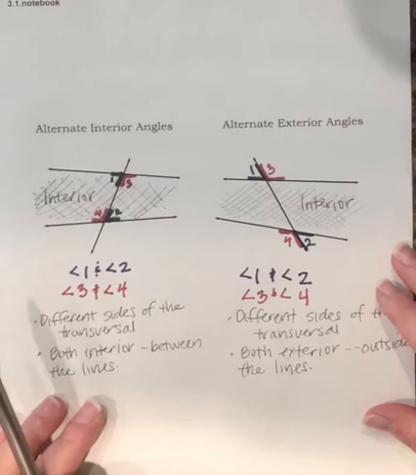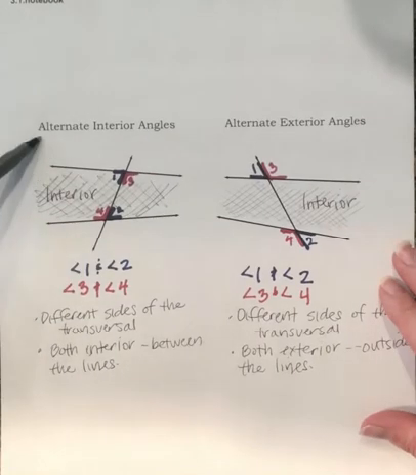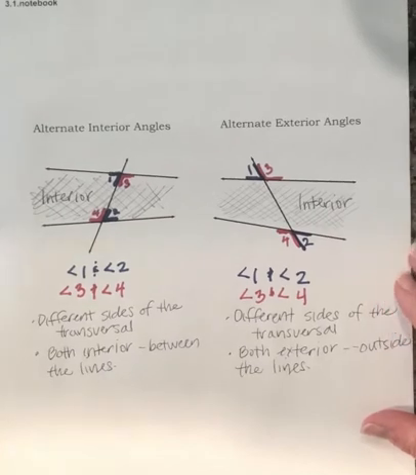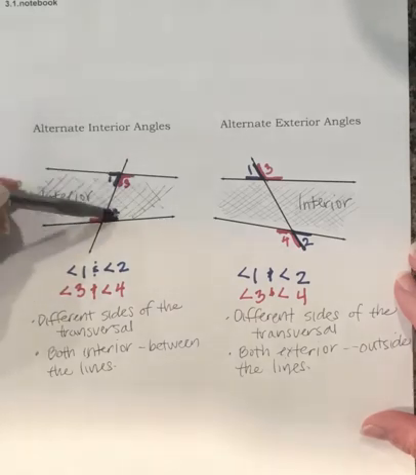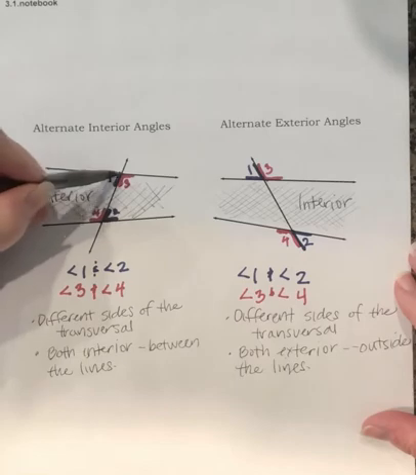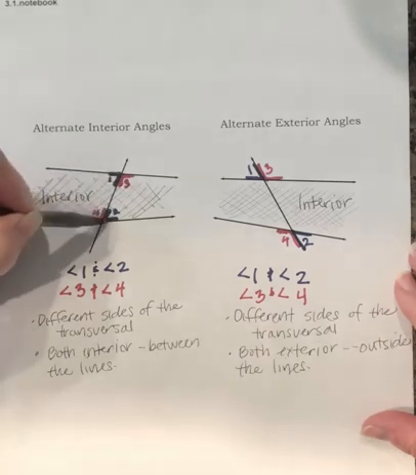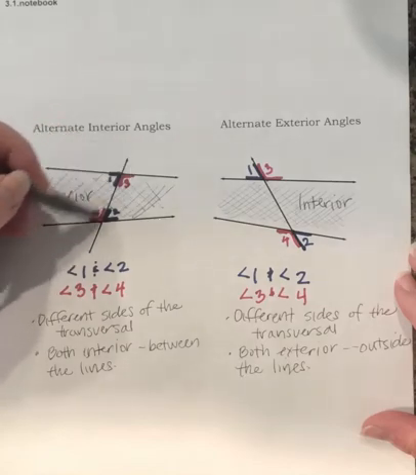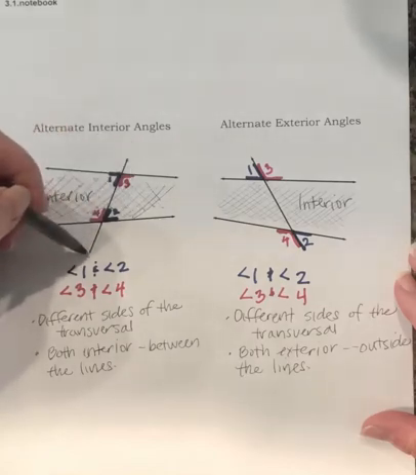Okay, so here is the first set, alternate interior and alternate exterior. Again, hopefully you can see the shading at least to some degree. If I look at angles 1 and 2, and I highlight where those angles are, this line that both of those angles are sharing is the transversal.